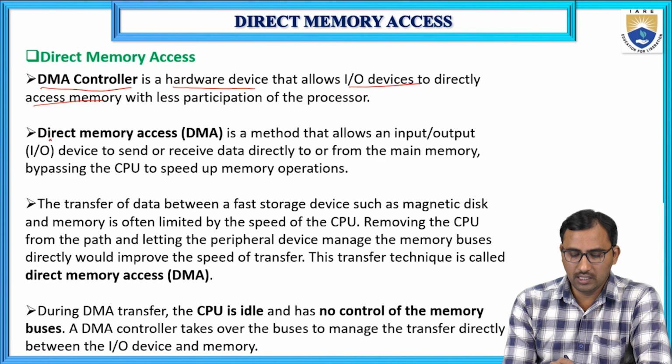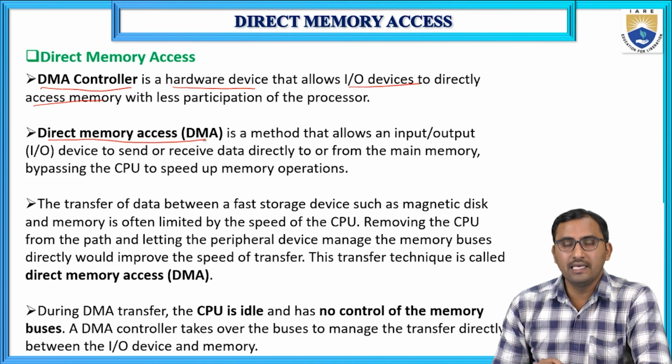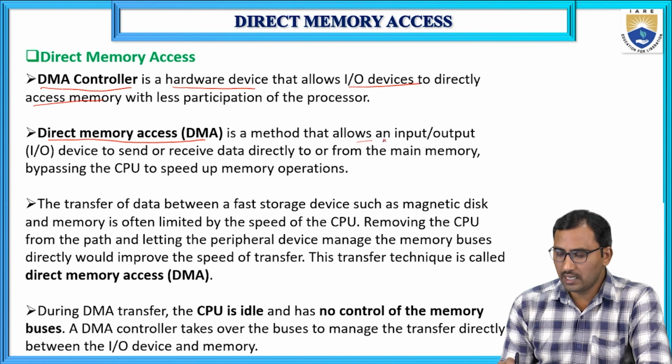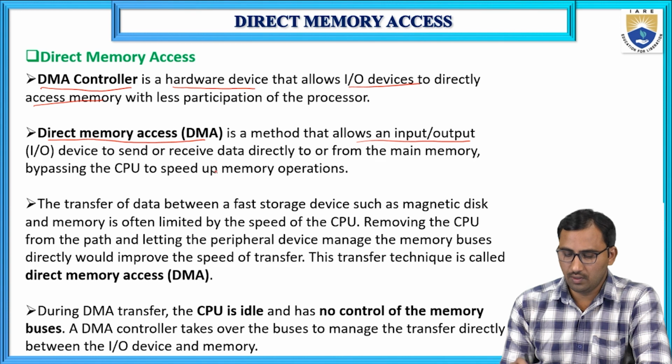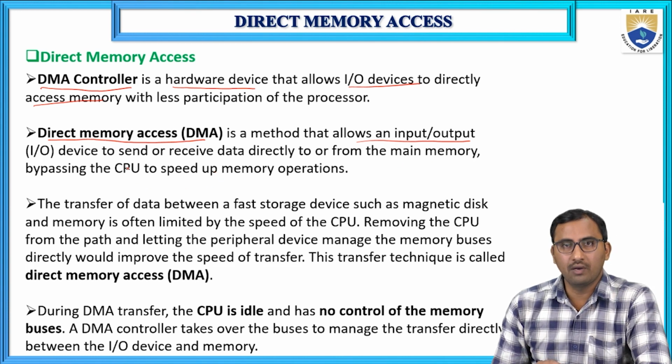So what is DMA? DMA is a method that allows an input or output device to transfer data to the memory without involvement of the CPU. That means we are bypassing the CPU in the data transfer.